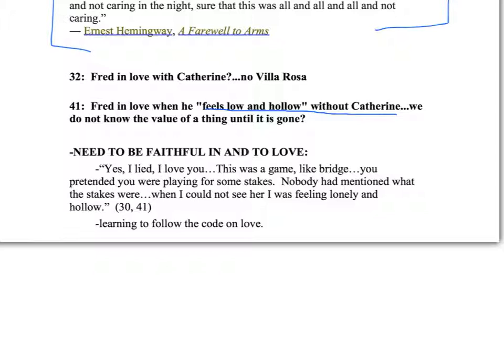You pretended you were playing for some stakes. Nobody mentioned what the stakes were. When I could not see her, I was feeling lonely and hollow." And so, he admits that he had lied to her when he said he loved her, and he approached this relationship like it was a game, but now he's starting to feel lonely and hollow without her, and he needs to learn to follow the code on love, to be faithful to and in love.